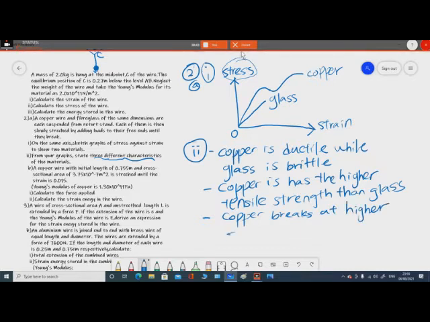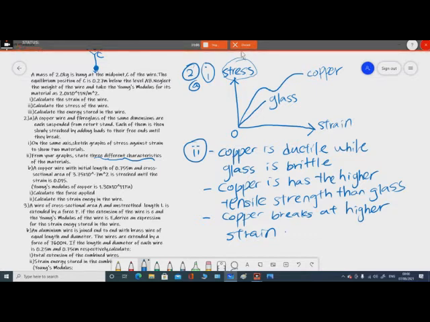By this I mean copper can be extended very long before it breaks, while the glass breaks at the end of its proportional limit. So this is for part 2.